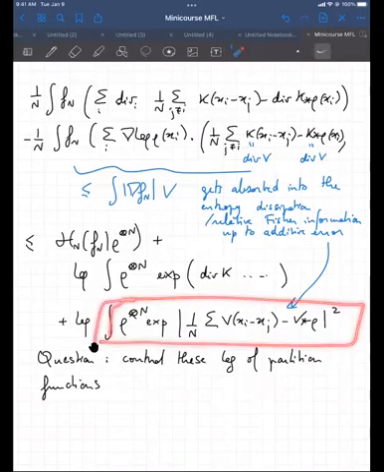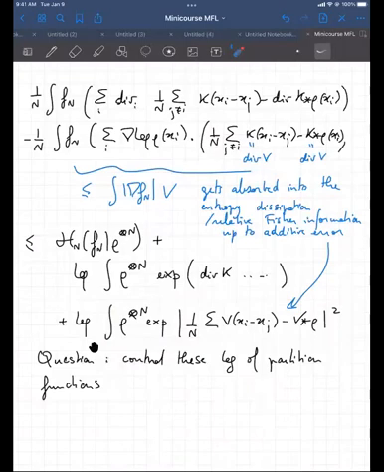And so you need to control this in terms of n. See how fast does it grow in terms of n? And this is a standard type of question in statistical mechanics. So they call this large deviation estimates.